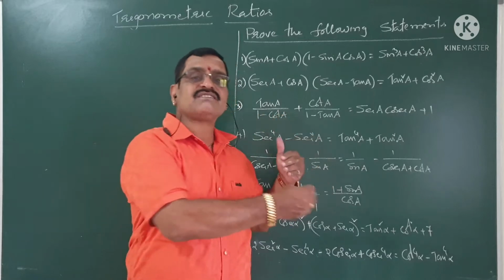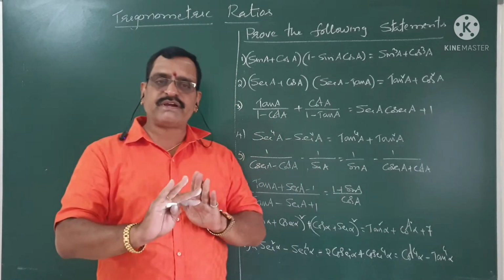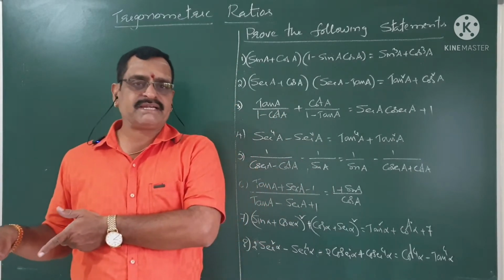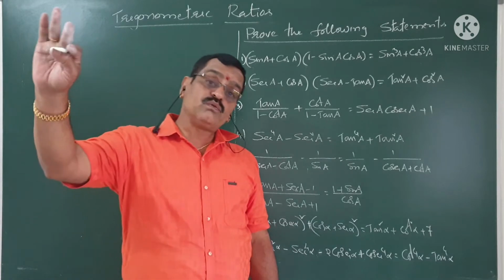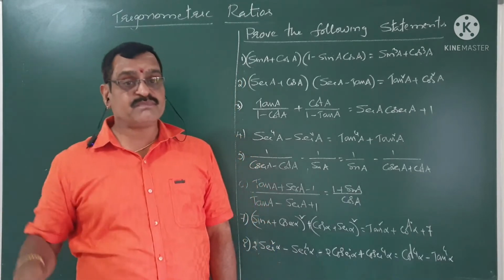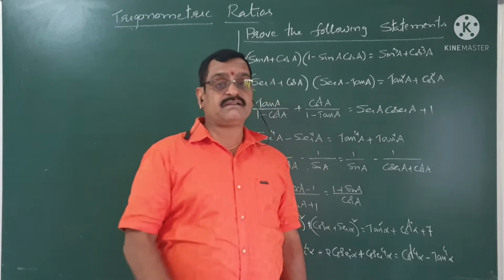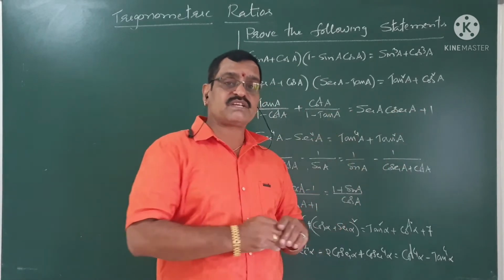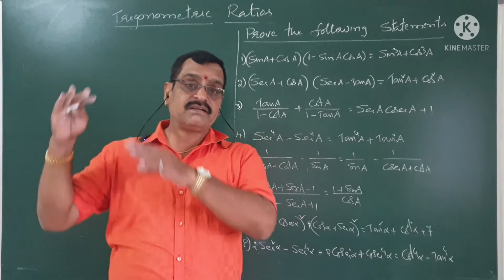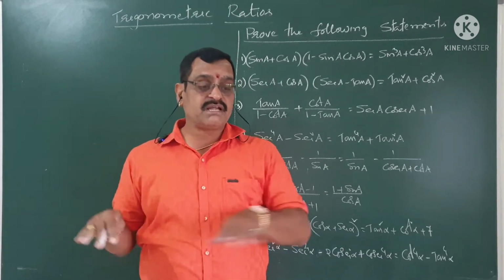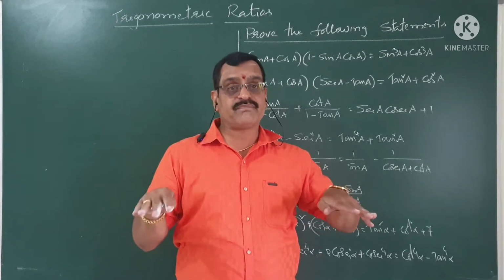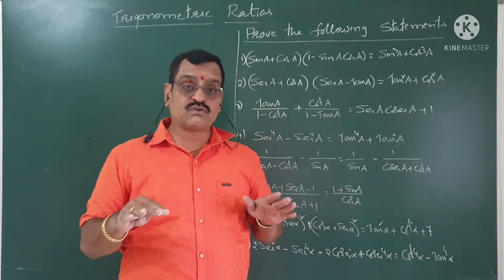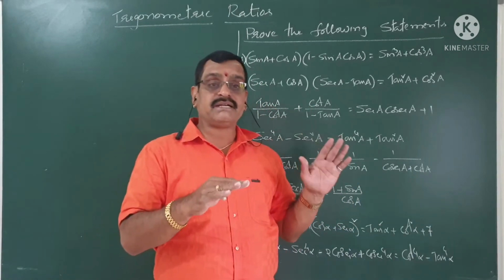We take the left hand side expression, we simplify it, at the end we get the right hand side. Or you take the right hand side, simplify it, you get the left hand side. Or take the left hand side, simplify it, you get one expression. Take the right hand side, simplify it, you get another expression, and these end parts are both the same. In these three ways you can show these trigonometric identities.